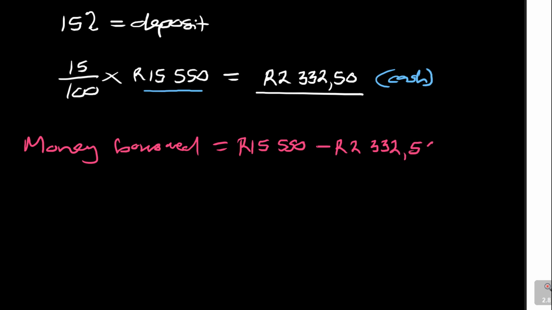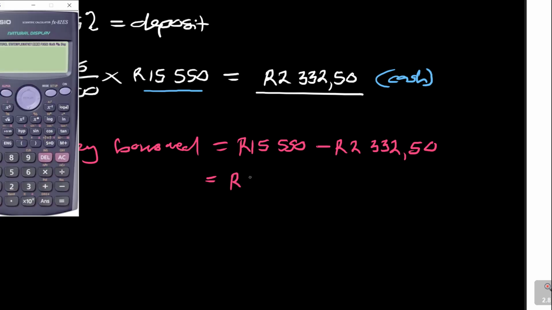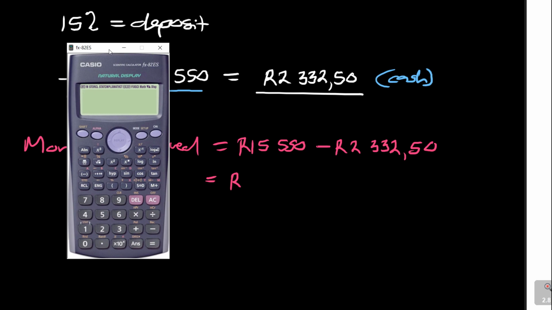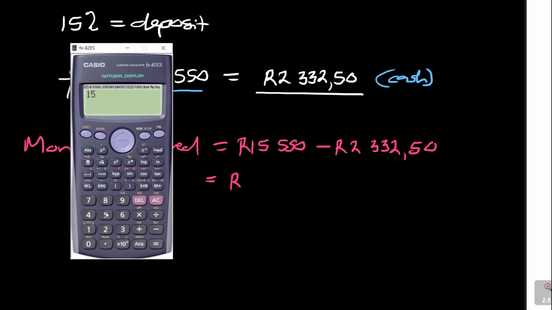You must take it out, because this is your cash that you brought into the shop. They require that if ever they are to give you the fridge. You don't want the loan, actually, you want the fridge. You separate these two amounts, and it will tell you now 13,217.50. That's what you're going to borrow.